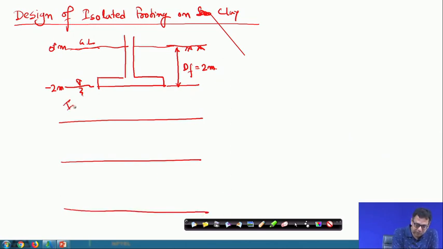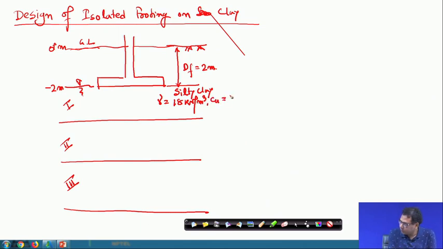Layer 1 is silty clay with unit weight 18 kilonewton per meter cube.